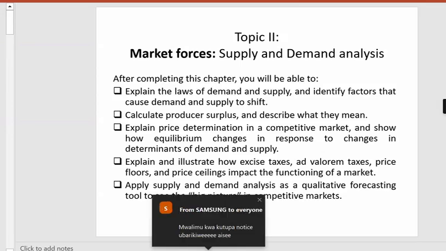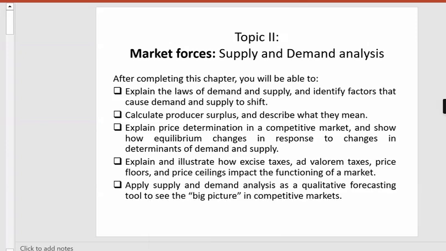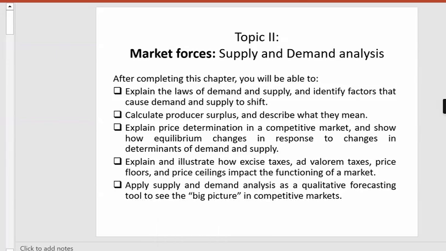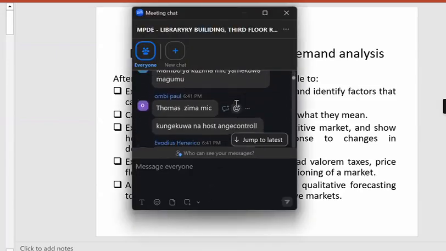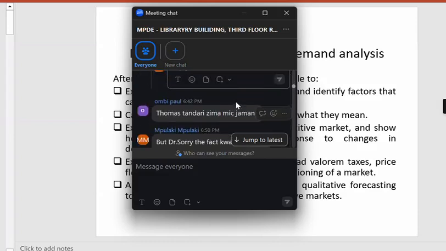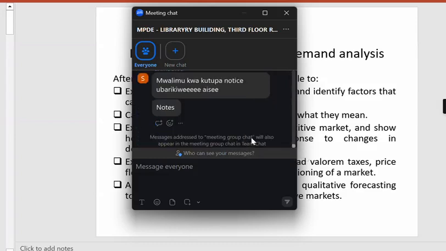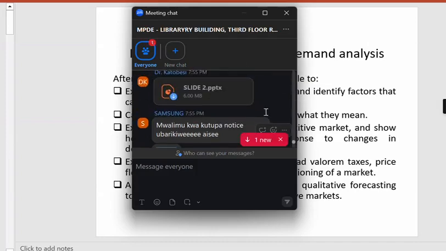I'm not sure kama imefika kwenye chat box. Imefika hiyo slide 2 and 5. Haijafika. Hapa tuna slide 2. Zote zipo. 5 ipo. Hamjaiona? Iko slide 2 and 5. Okay, let me share. Ngoja nishare tena.